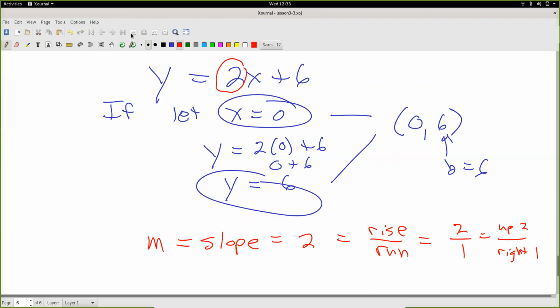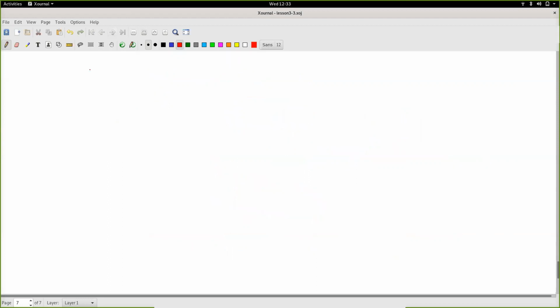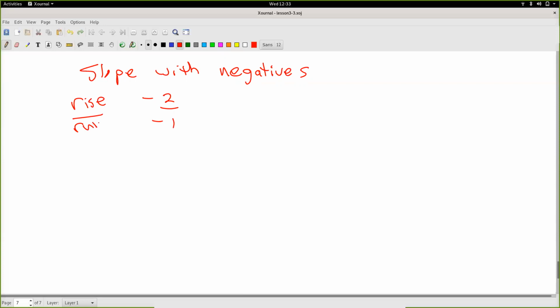Negative numbers have a slightly different meaning. So let's look at a negative number, for example. So suppose I said my slope was negative 2 over negative 1. So remember, the numerator is what we call rise, and the denominator is what we call run. And in this case, a negative 2 would mean to go down 2.